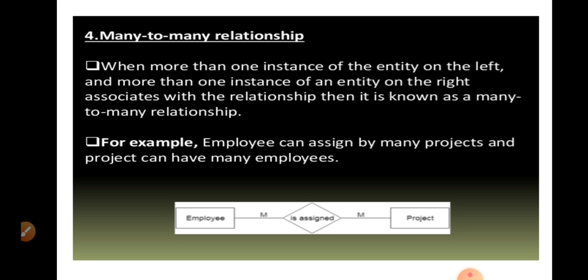For example, an employee can be assigned many projects and a project can have many employees. This is our many-to-many relation. Employee and project are our entities, and is assigned is our strong relationship. Therefore many employees can work on many projects and many projects have many employees. This is our many-to-many relationship.